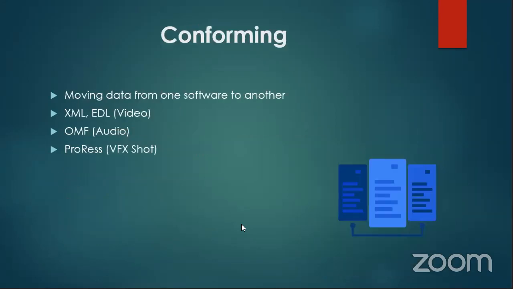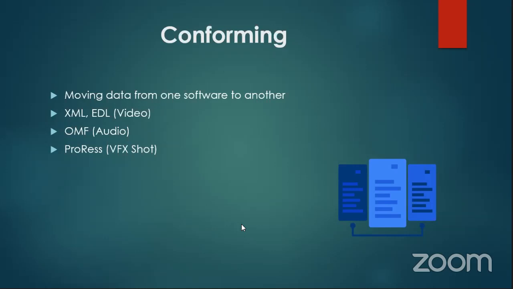Yes, sure. Okay. So once you lock your edit, then comes the third stage, conforming your entire timeline. Now, what is conforming? After finishing editing, you're going to send the entire timeline to various departments for further processing, like color grading, VFX shots, or the sound part.